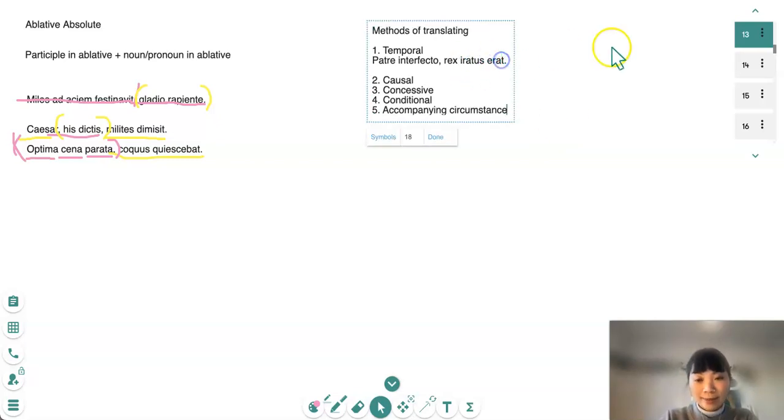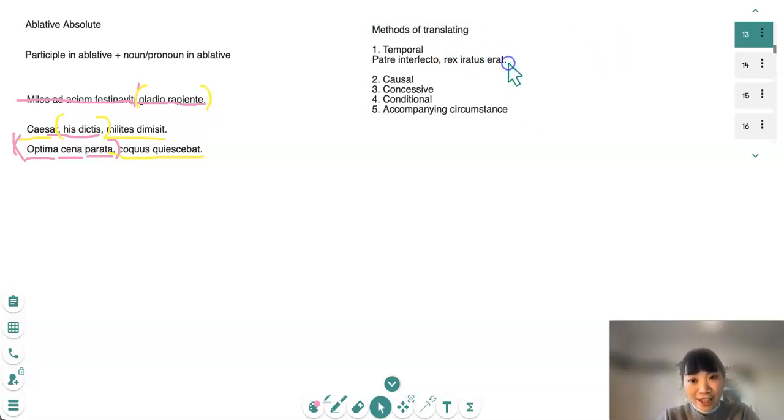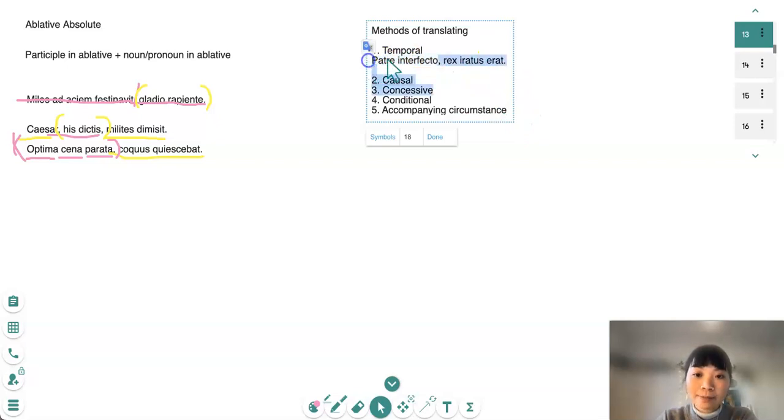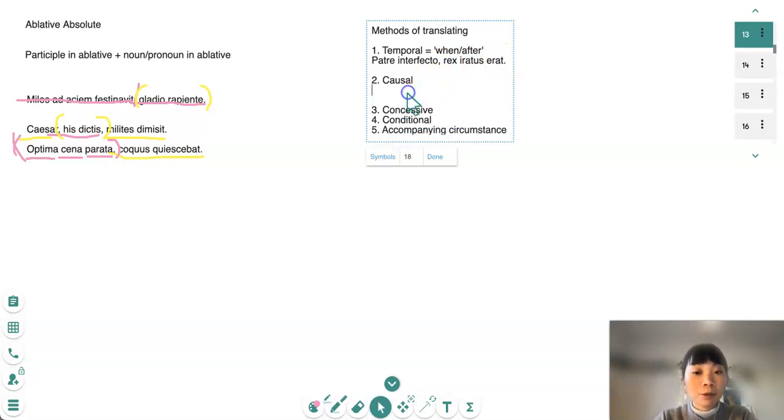But for speculation's sake we could say, when or after the father had died, the king was angry. So it tells us a temporal sense of when the ablative absolute has happened or is happening.